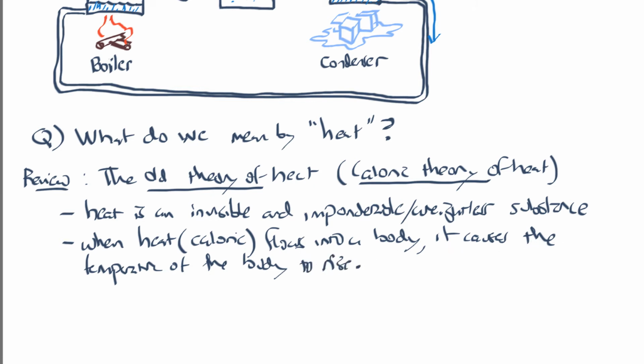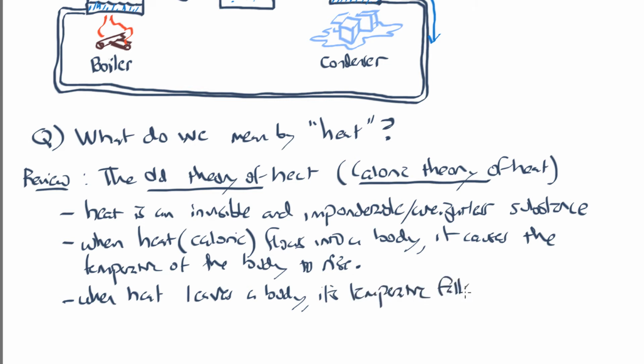So in this way, the presence of heat is manifested or shown as a rise in temperature. On the other hand, when heat leaves a body, its temperature falls. That is the idea behind this caloric theory of heat.